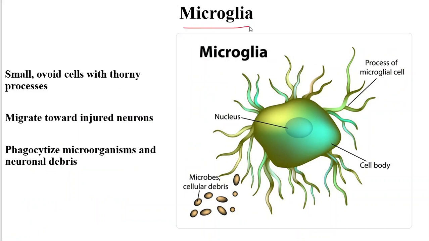Microglia, these guys have the processes on them. These guys are basically the immune system for the brain. These are the immune cells of the brain. They're going to be a phagocyte as far as microorganisms or any kind of debris that needs to be cleared away.